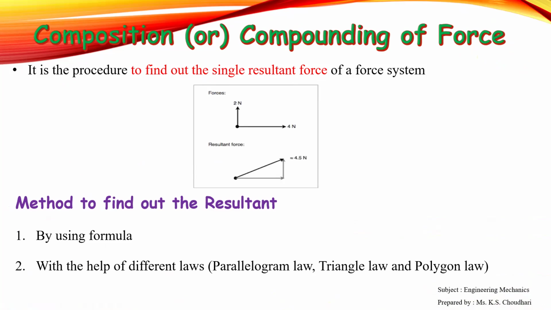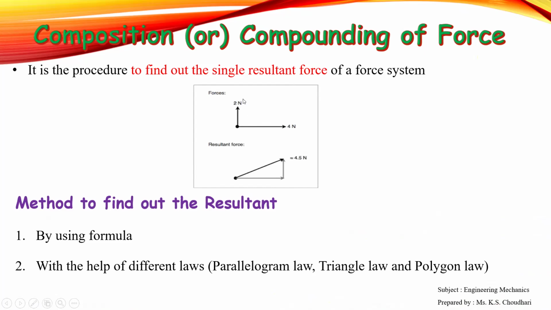Okay, now we will study what is composition or compounding of force. It is the procedure to find out the single resultant force of a force system. In this diagram, you can see there are two forces.